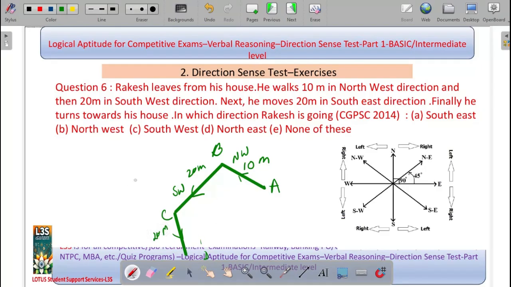Now he will return back to his original position from D to A. So his return back will be from here to this direction. So this direction, if we see here, is northeast direction. So the answer will be the northeast direction.